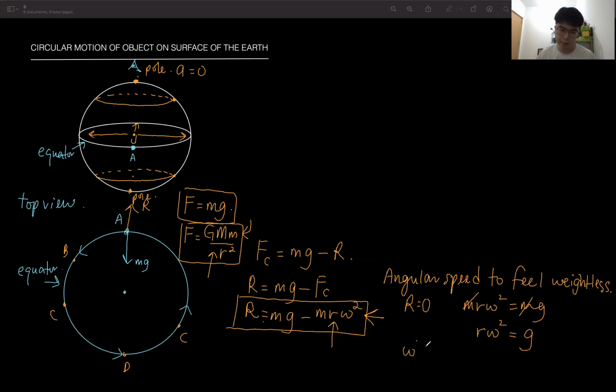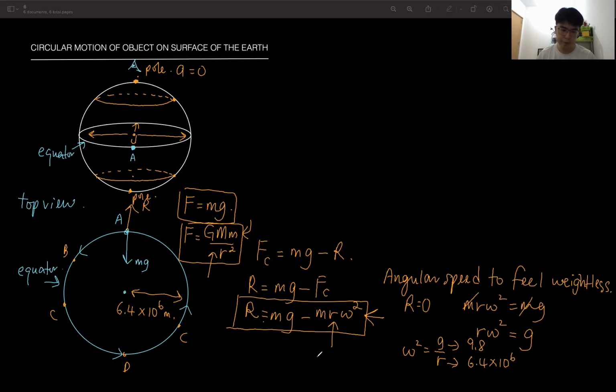Calculate this, ω equals square root of g over r. This one, you know, 9.8. What radius is this? This is the radius at the equator. You can just take the radius of the earth. Let's take as 6.4 times 10 power 6 meters.